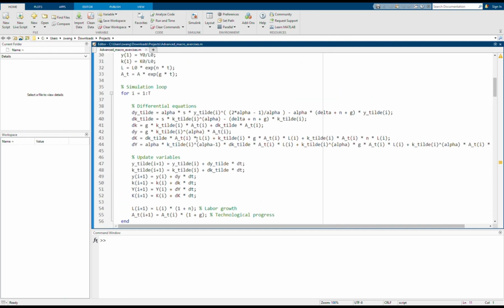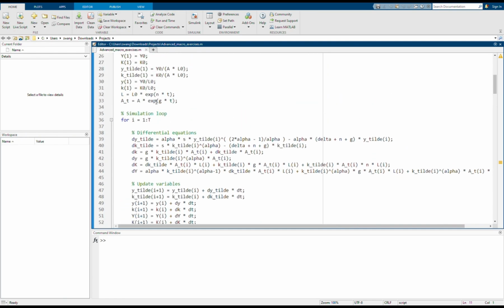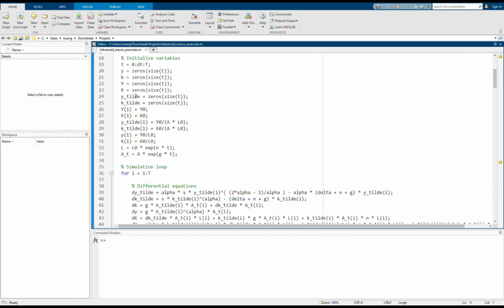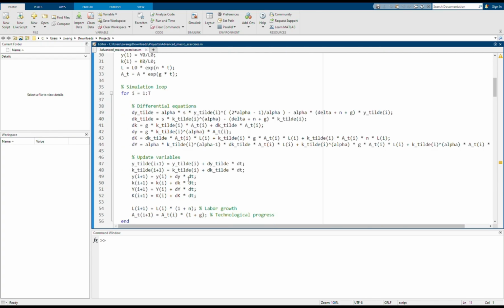After this simulation loop, all of these arrays we initialized at the beginning will be replaced by the values calculated in the simulation loop.